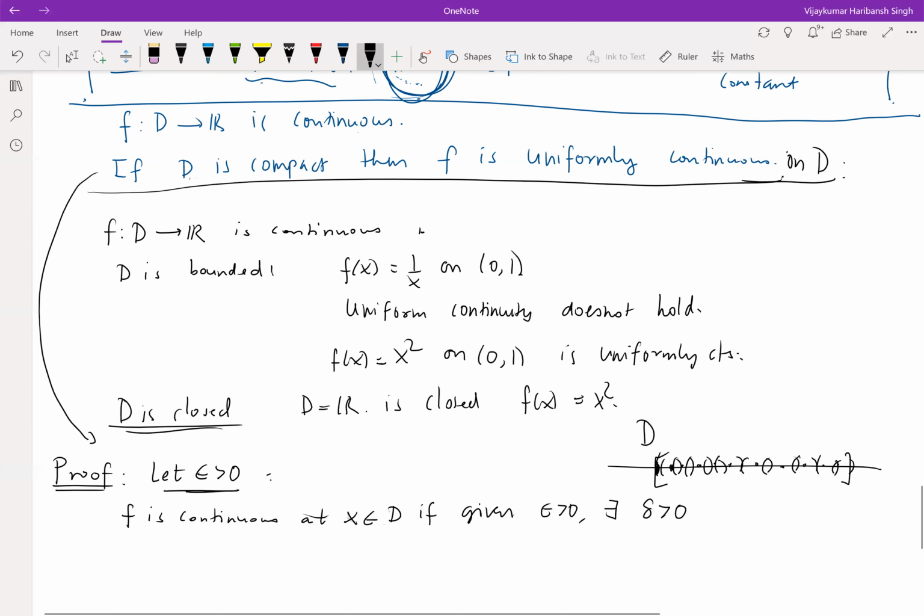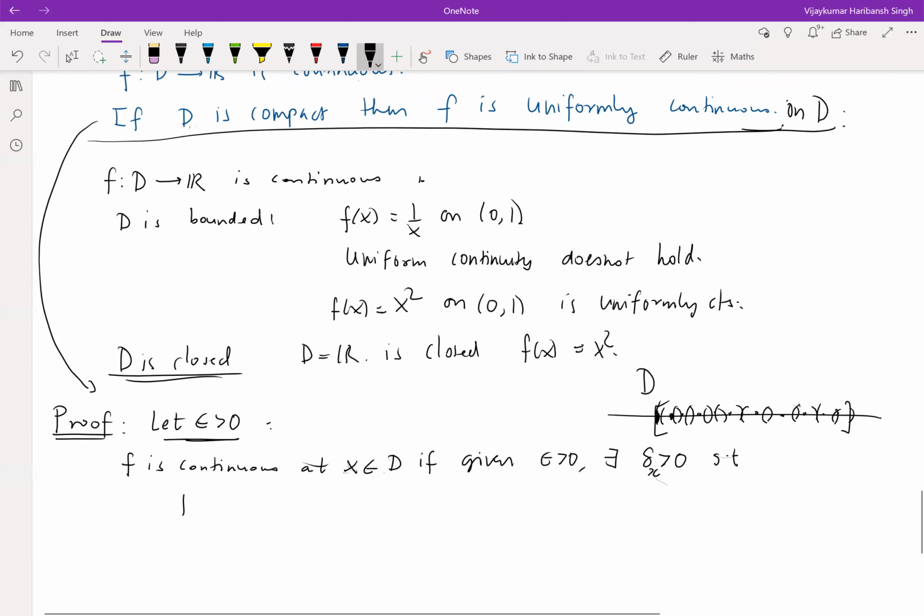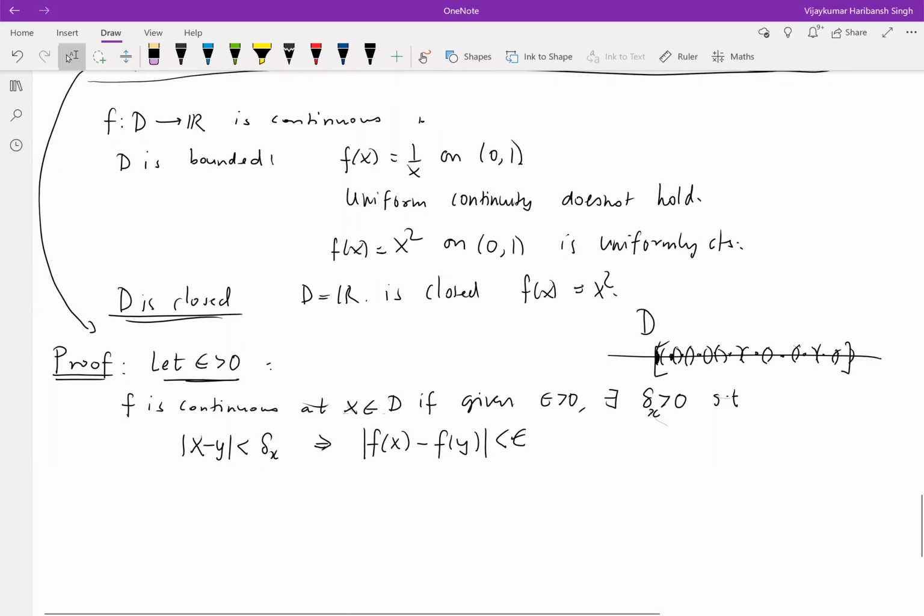Of course, this delta depends on x, so I will write delta x, such that |x minus y| less than delta x implies |f of x minus f of y| is less than epsilon. Of course, we'll modify this delta x and this epsilon. Maybe we need epsilon by 2 or epsilon by 3. We'll see that later on.